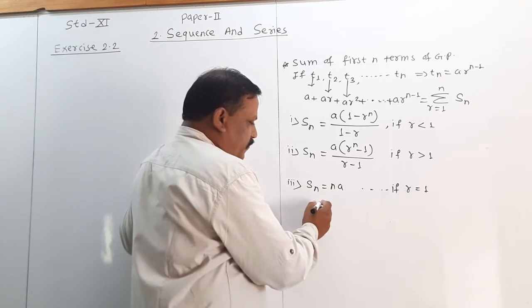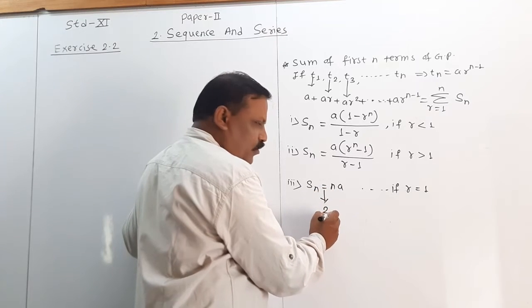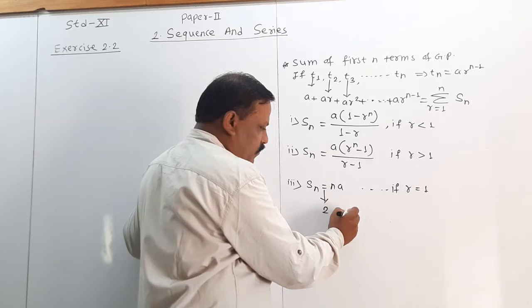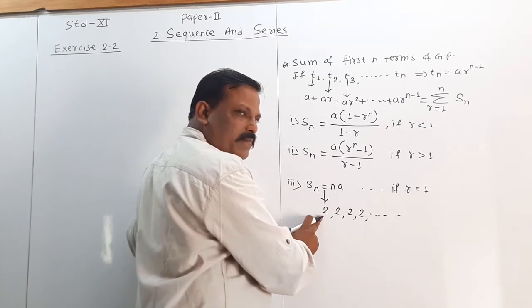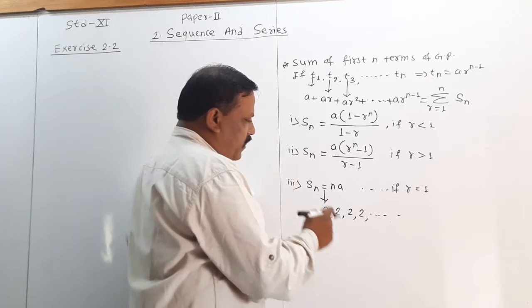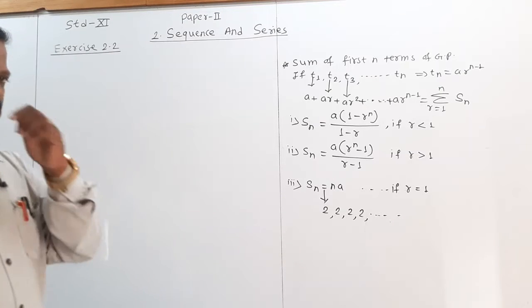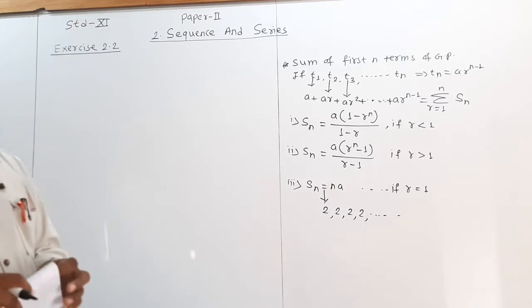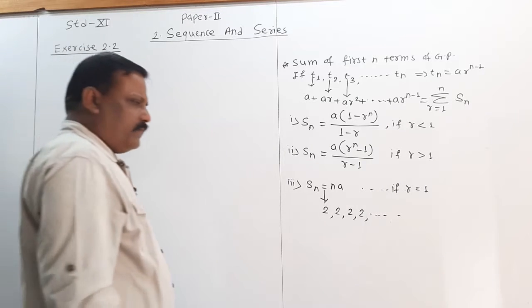It means, for example, in this geometric progression, if we take 2, 2, 2, the numbers are the same and the common ratio is also the same. At that time, the summation of the geometric progression is written like this. Yes, so these are the important formulas.